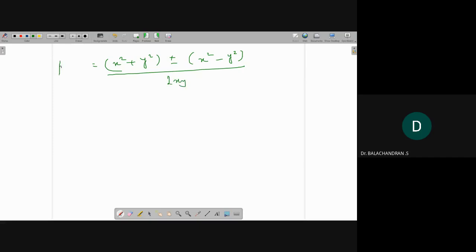So this is p. So p is dy by dx. I will take x square plus y square plus x square minus y square, by 2xy. So this is the first case. So next I will choose minus.